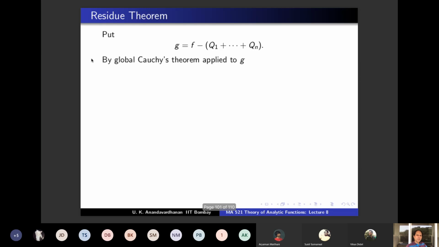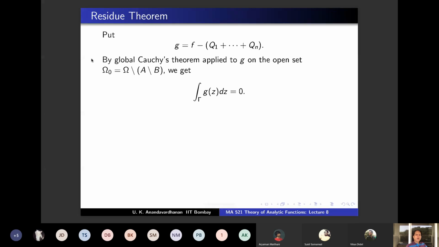So by global Cauchy's theorem applied to this function g, we are going to apply it on the open set. From omega, you throw away the poles, so that's open, and you put back these n many poles, B. So that's still an open set, and that's where we are going to apply Cauchy's theorem. So you are removing exactly those poles where the index is 0, leaving those poles where the index is non-zero.